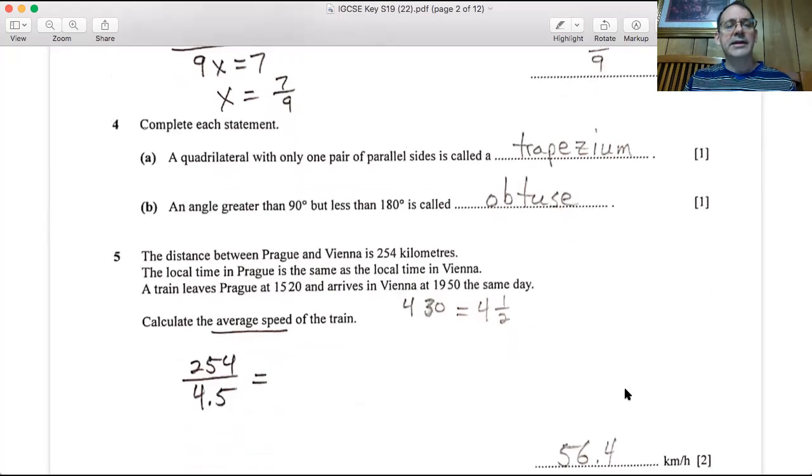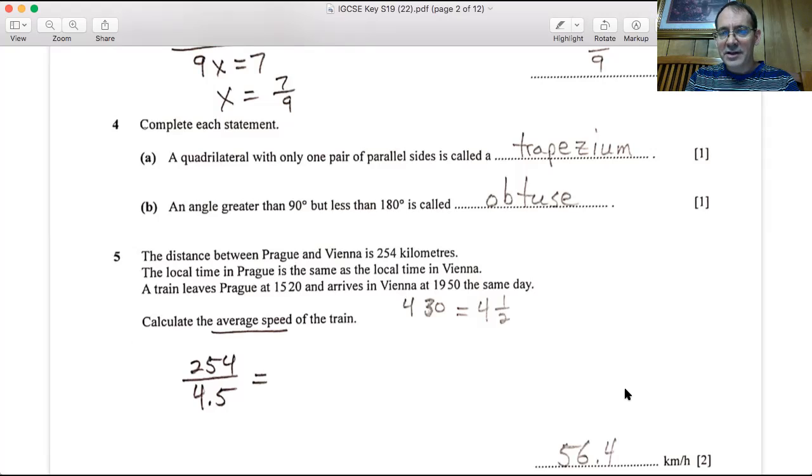Number 4, complete each statement. A quadrilateral with only one pair of parallel sides is called. And remember, this is Cambridge, so this is British English. They call it trapezium. So if you happen to be used to American English, it's called a trapezoid.